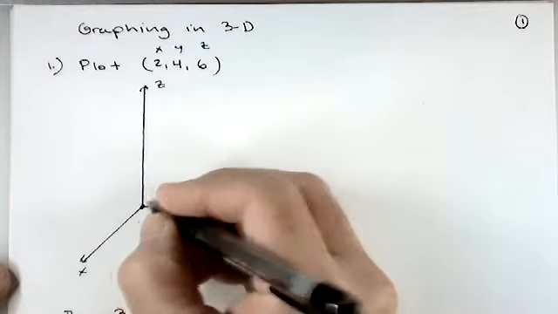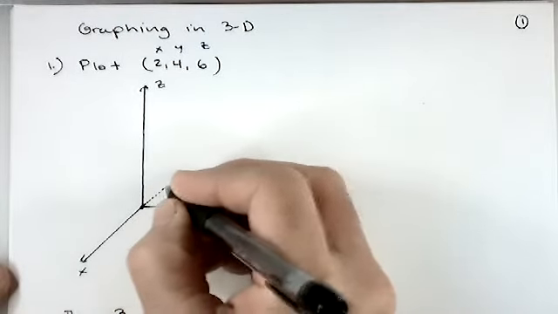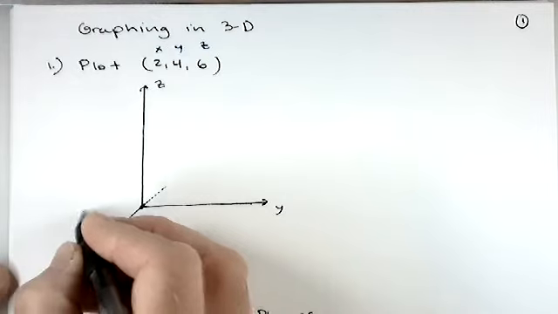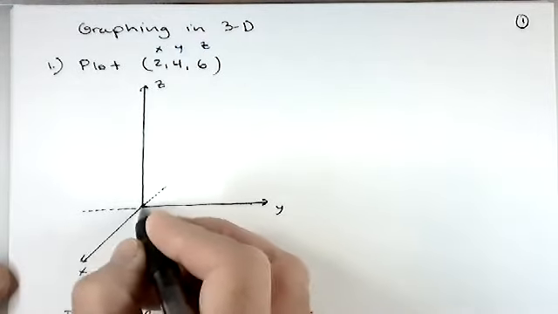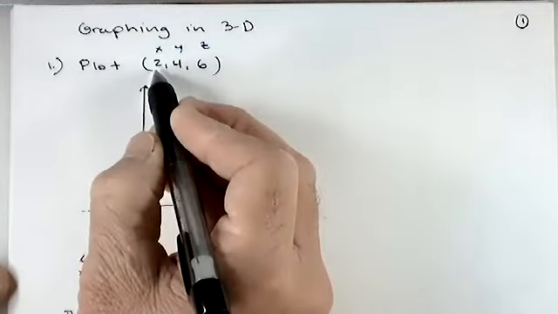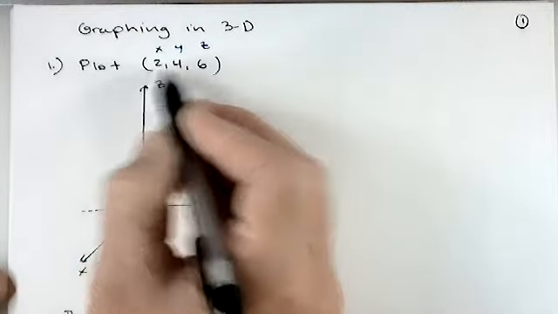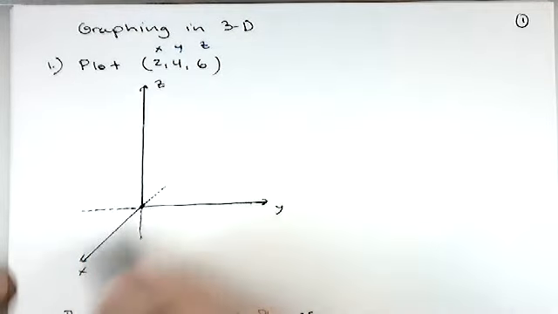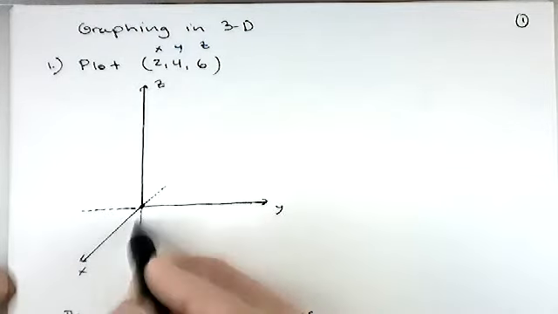The origin's right here, and you do have a negative X going backwards into the paper. You do have a negative Y going this way and a negative Z. But the points we're plotting here are all positive, 2, 4, 6. So positive X is coming out towards you, Y is going to the right, and now Z is going up.